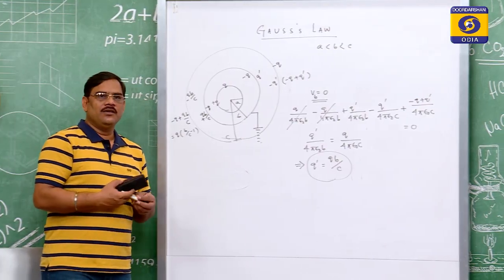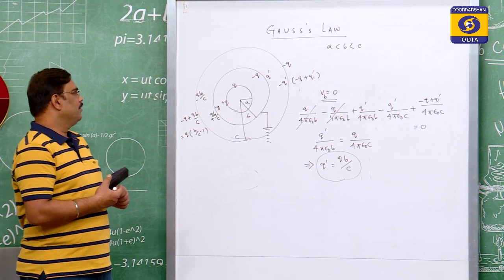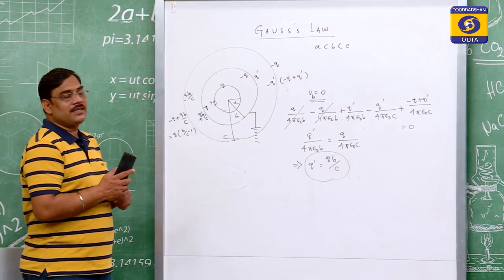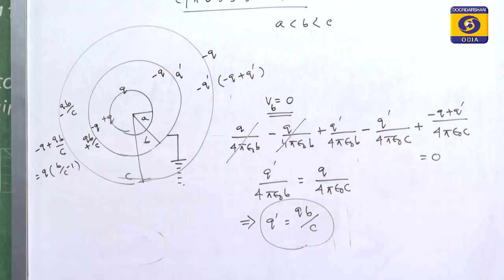So, in this way we can calculate the charges on different surfaces in a combination of conductors by using the concept of Gauss law, and also the concept of potential.